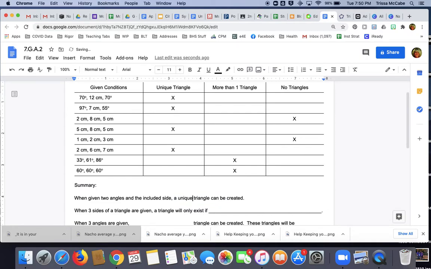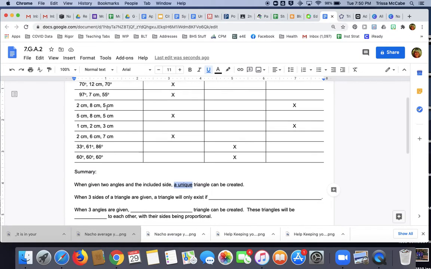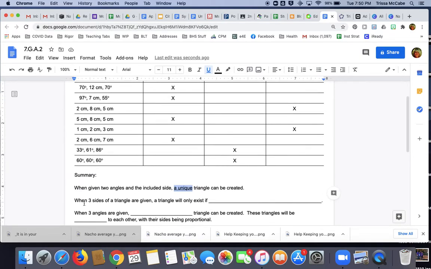A unique triangle can be created because there is only one way those are going to be able to be put together to get that triangle.